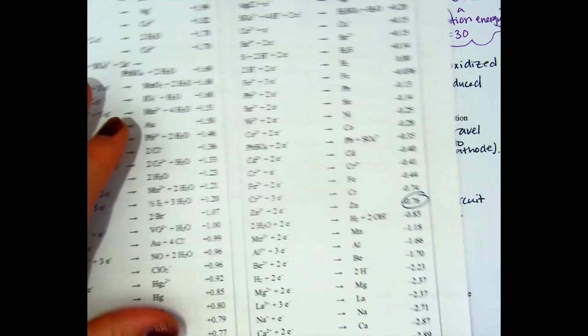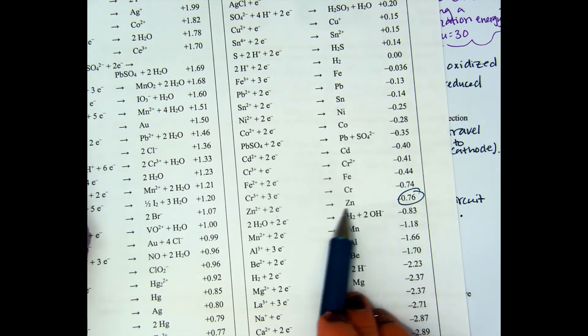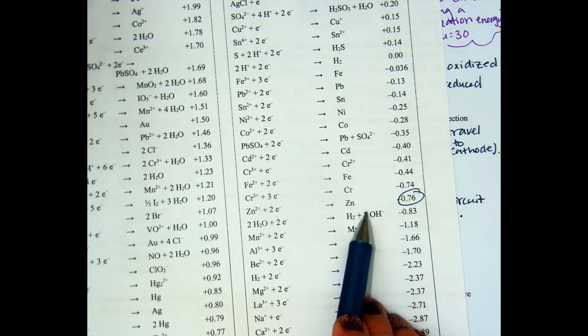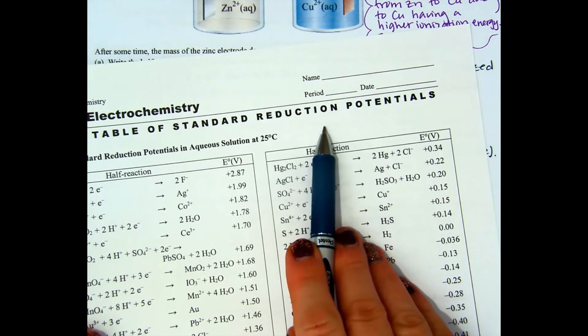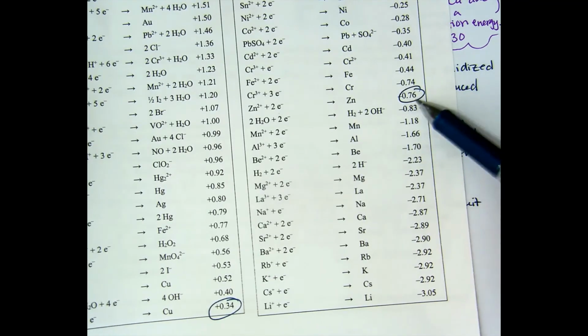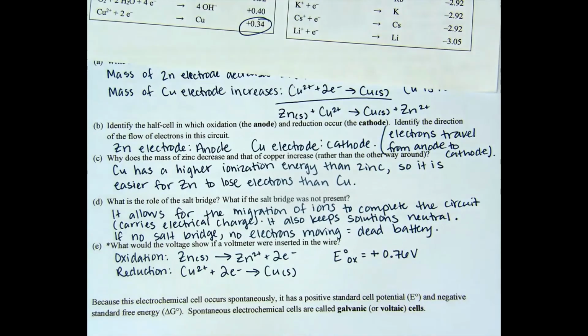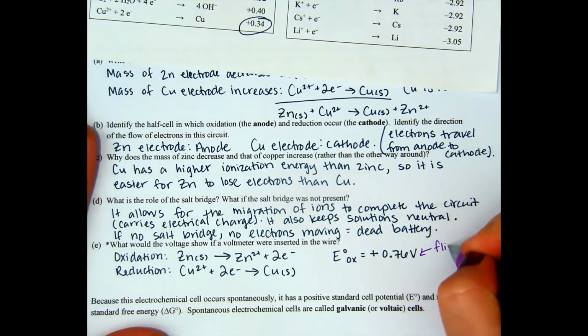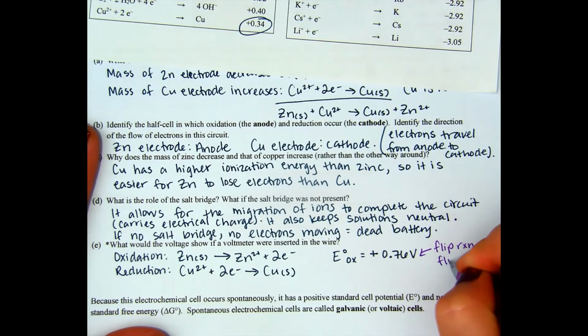So remember, we have the reverse reaction here, and so this was negative, it was the reverse. We flipped our reaction because we're looking for oxidation, and this shows you reduction. So you're going to have a positive 0.76 volts. Okay, so let's write ourselves a note for what we did here. We flipped the reaction, so you need to flip the sign as well.